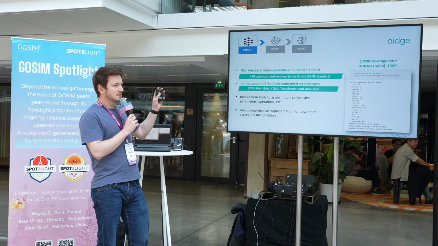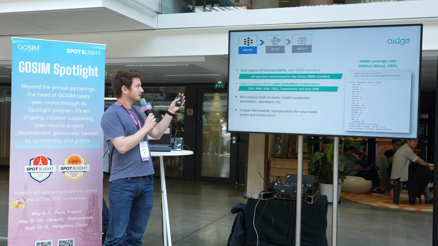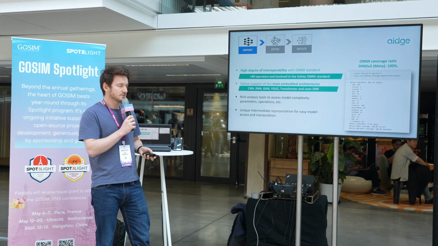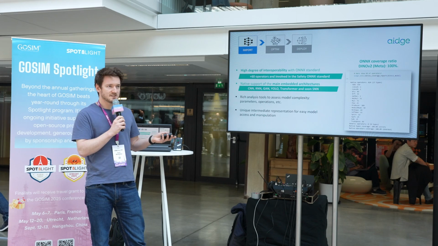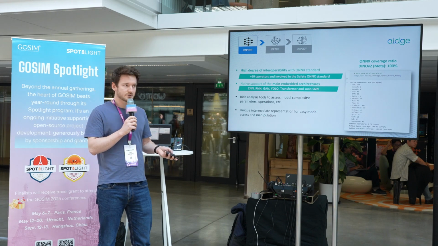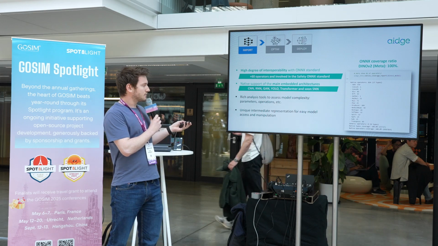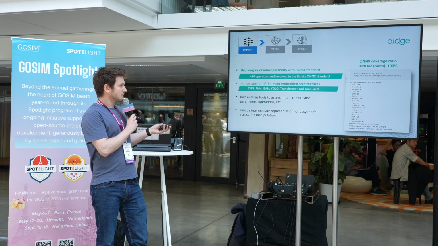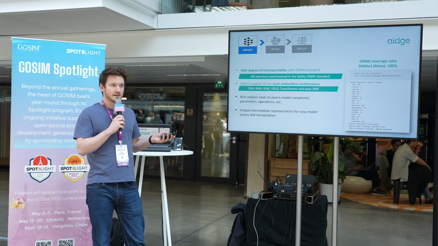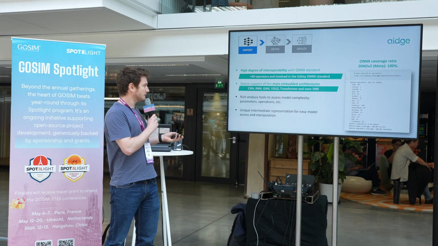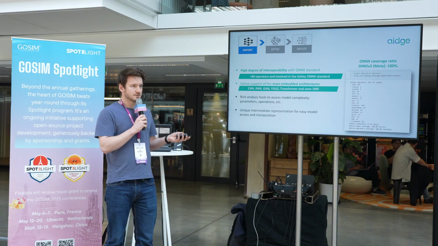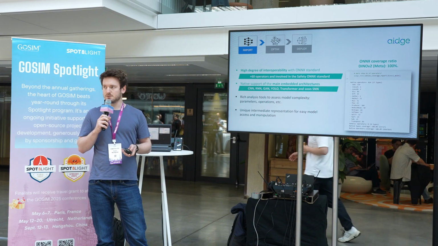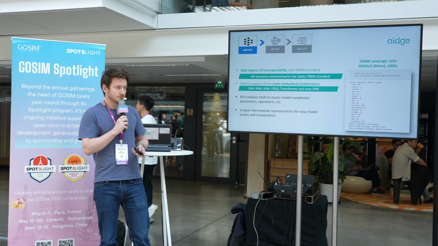So I will talk about Aidge in three different use cases: the import, the optimization, and the deployment of your neural network. For the import, we have a strong interoperability with ONNX, with more than 60 operators that are right now supported and many more to come, as well as support for generic operators if you want to create a custom operator.